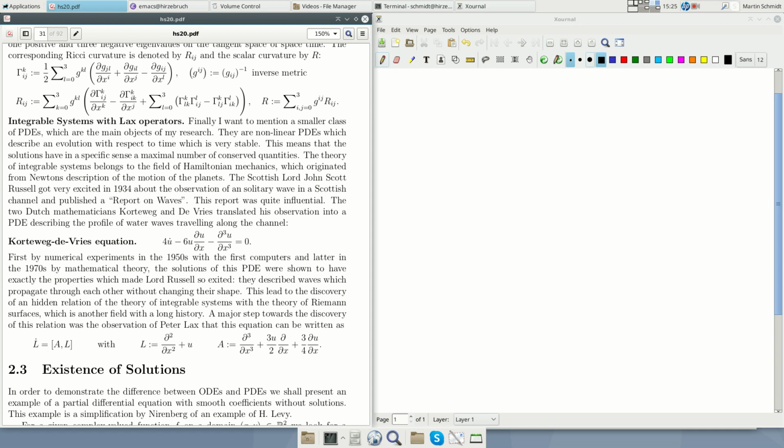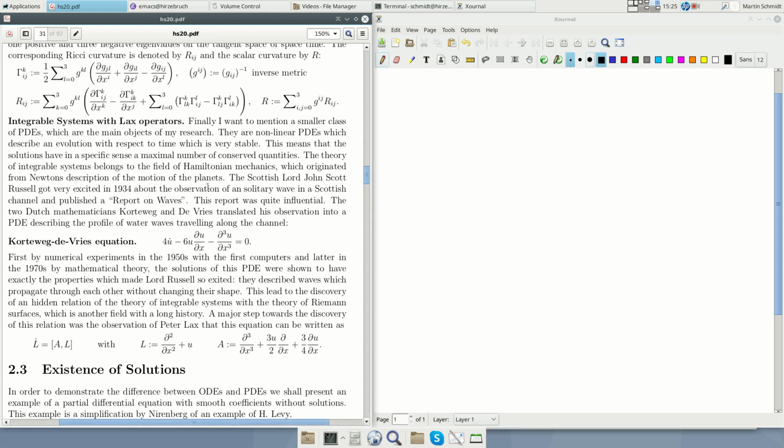Now, there was a new development. There was discovered in the 1970s and later a deep relation, which was completely unknown until that time, between integrable systems and another field with a long history, so-called Riemann surfaces.